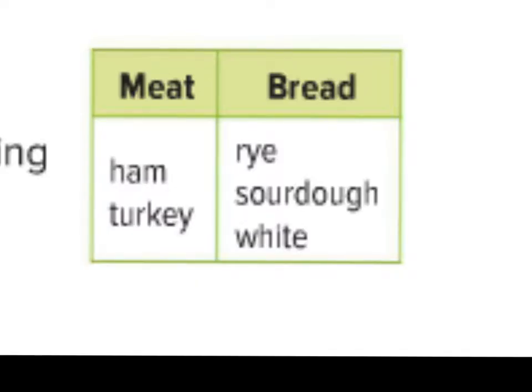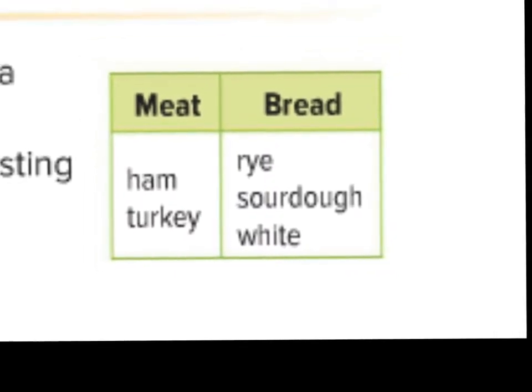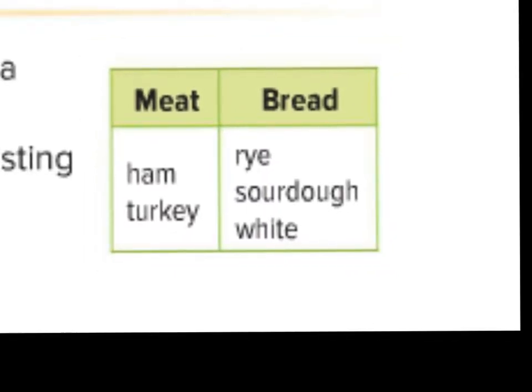Okay, so we have ham, turkey, rye, sourdough, and white. Now I know that you could use a table, you can use a tree diagram to make something that looks like this. I know that for ham, I have 3 options. Rye, I could have ham with rye, I could have ham with sourdough, or I could have ham with white, right? That's 3 options that I have, 3 combinations.